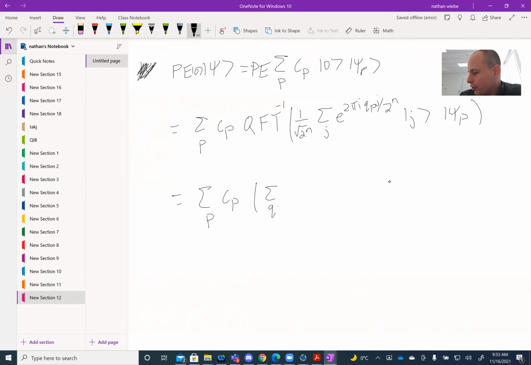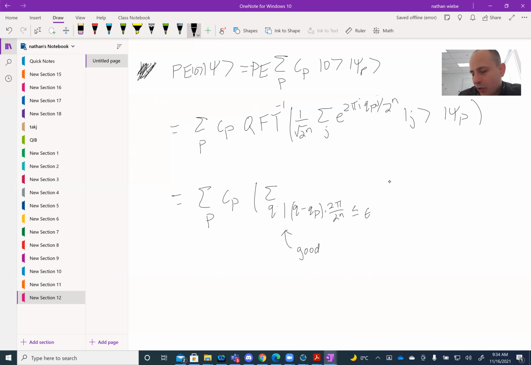These are the values of q such that the phases we've inferred satisfy the absolute value of q minus q_p times 2π over 2^n is less than or equal to epsilon. And this set I'll refer to as the set called good.